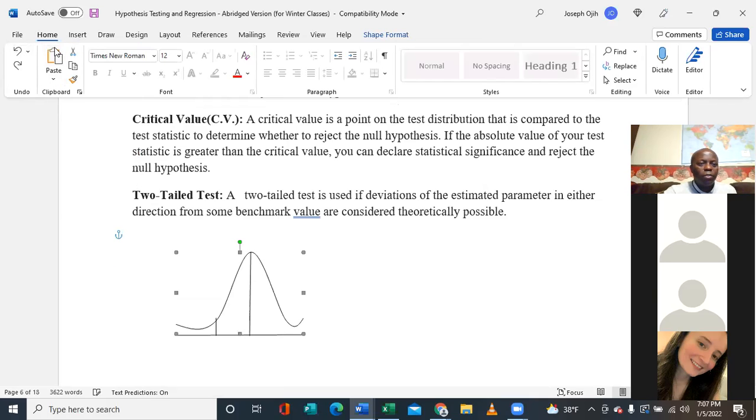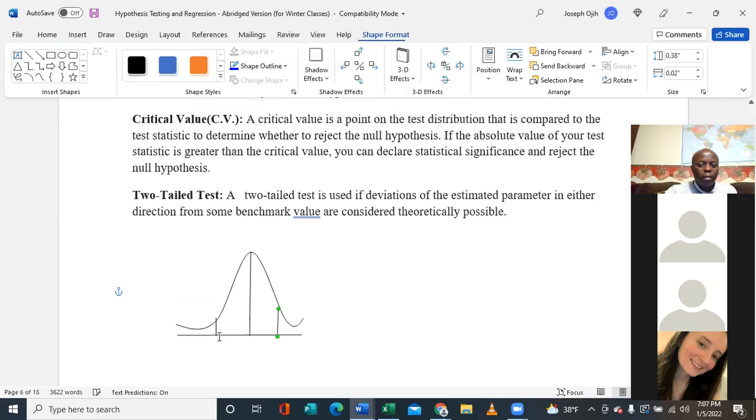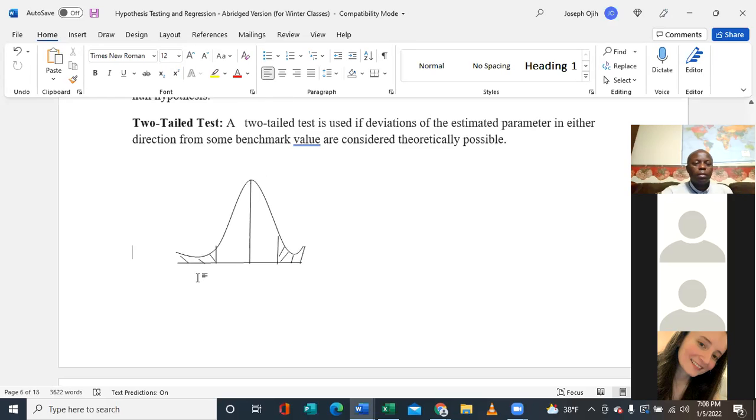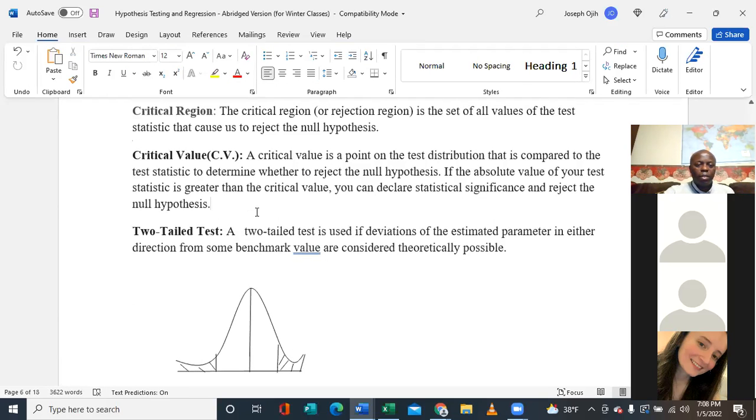So you can see that it has two tails. I think I'm going to move this down so that we can have enough room.